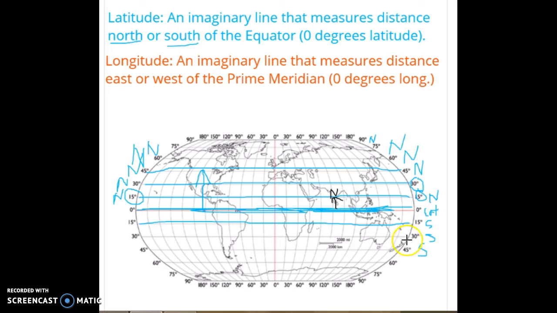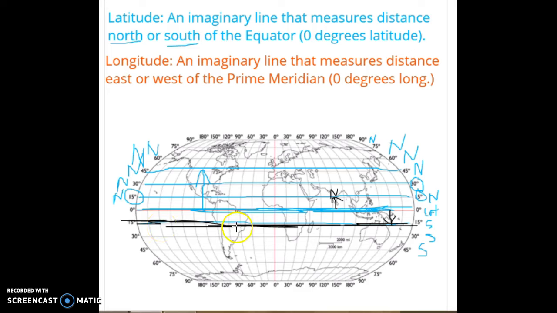So for these, if I make this black here so we can kind of see, in order to get to 15 degrees, I had to start at 0 degrees latitude, and I had to go what direction? I had to go south to get to this 15 degrees, which means I am 15 degrees south of the equator.